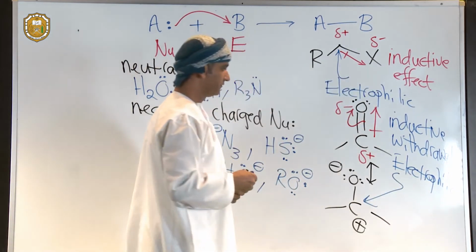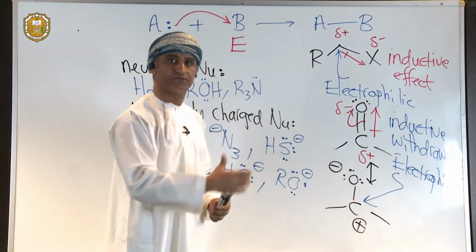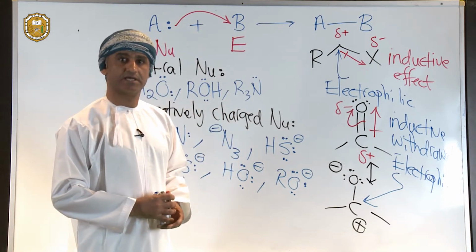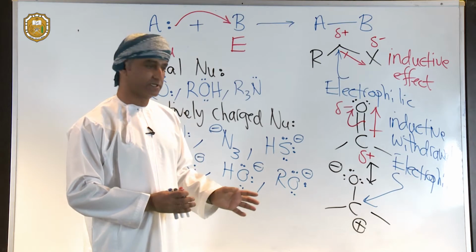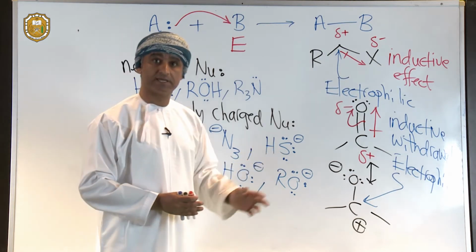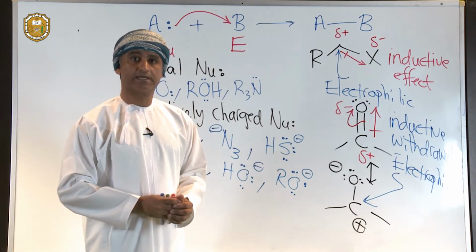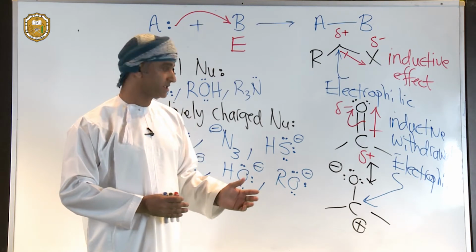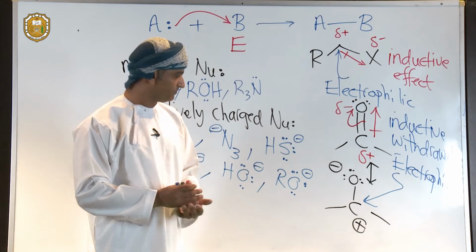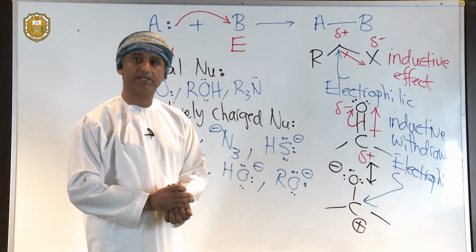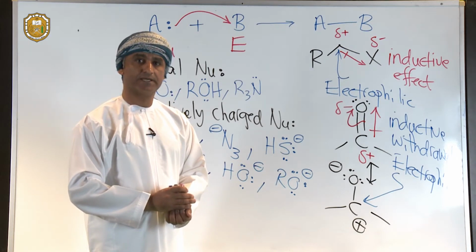And if it is electrophilic due to resonance and inductive withdrawal, that carbon is susceptible to nucleophilic attack. We will see the chemistry of carbonyl compounds in due course. For now, this is only to illustrate the idea that carbonyl groups are typical electrophiles in organic chemistry.